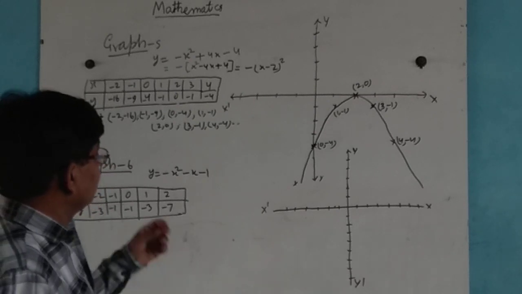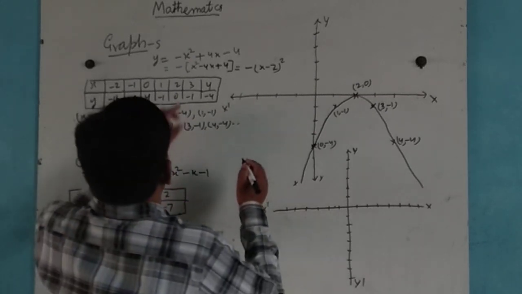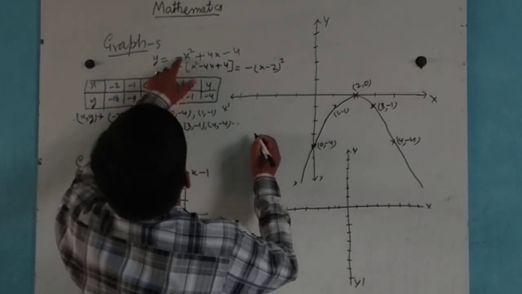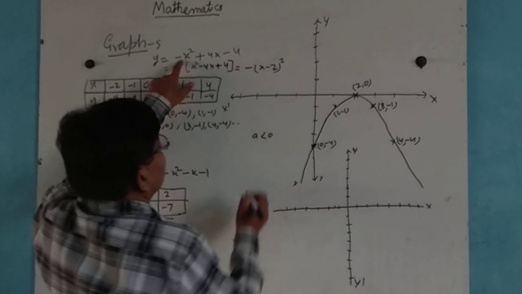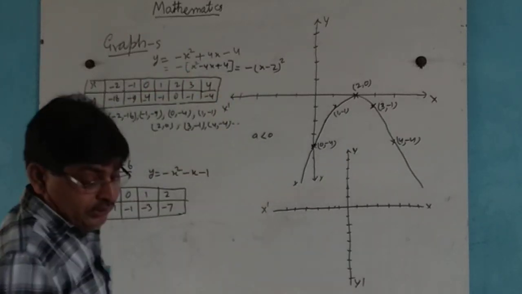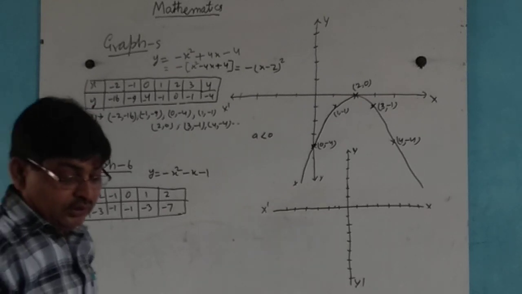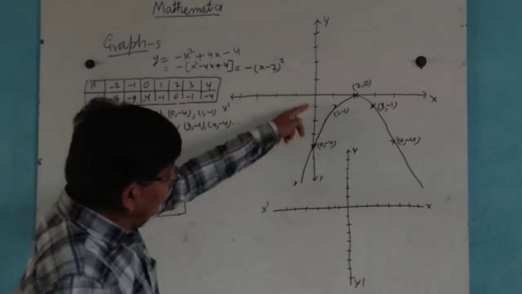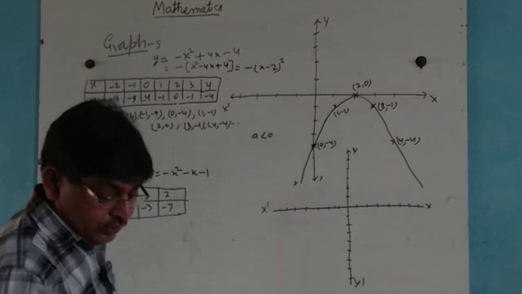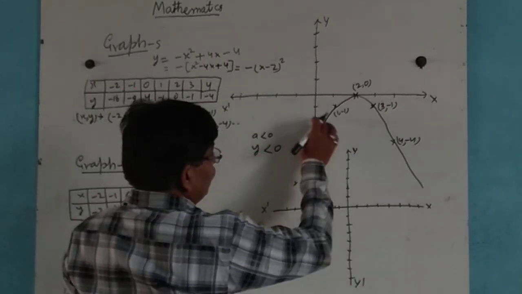Now here a less than 0. Its mouth is in the downward direction.